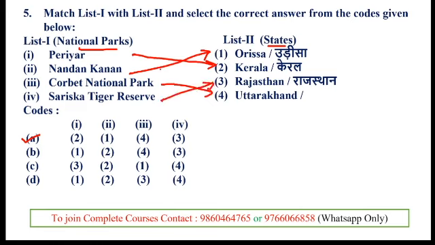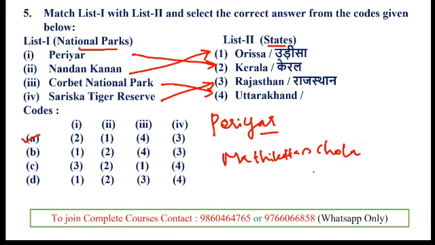So I will give you a short trick for some of the national parks in Kerala, like Periyar. The last word in Periyar, you can locate the last thing, yar, and also Madhikettan Chola. Madhikettan Chola is also an important national park in Kerala.